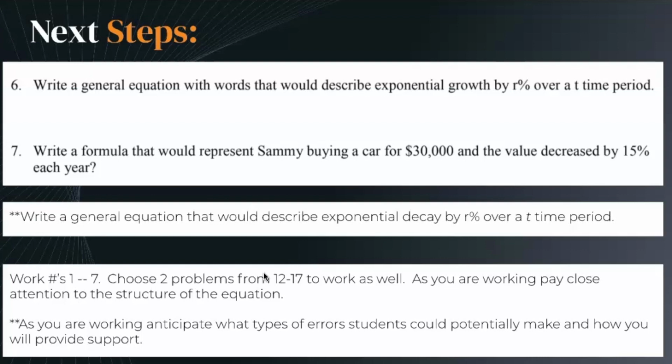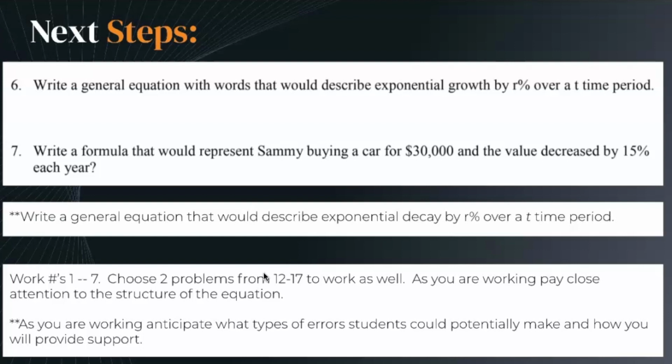And I would show them that it could be written both ways, where you could show the amount of decay inside the parentheses, as well as show what percent would be remaining. So for number 7, they could write it as either 1 minus 0.15 to show that it's a 15% decrease, or they could write it as a 0.85 to show that the car's value is at 85%.